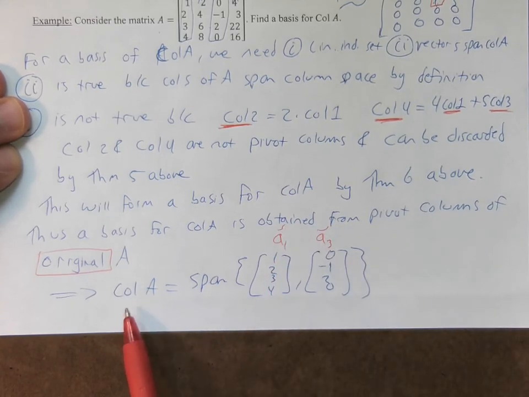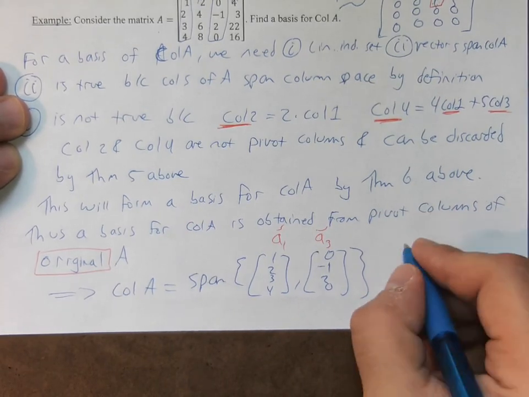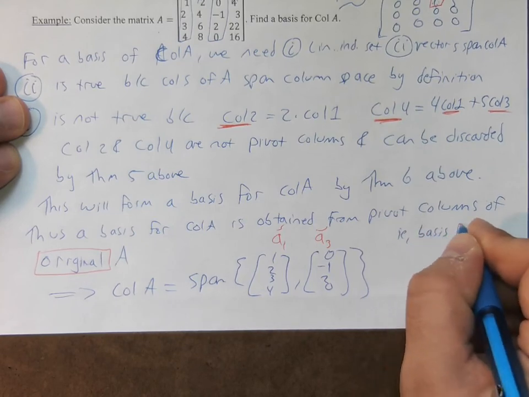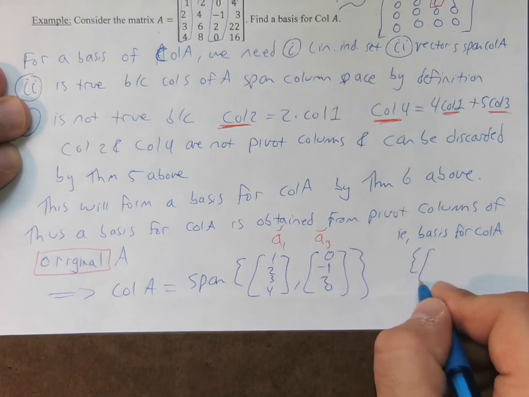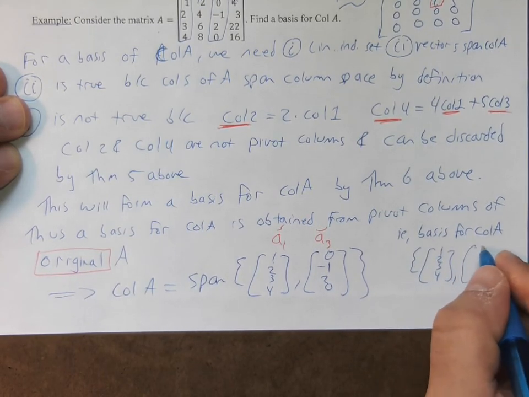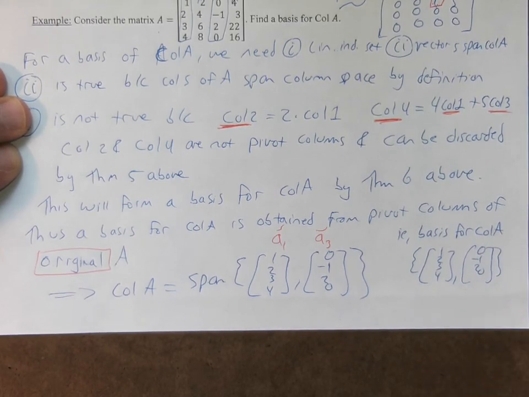So the column space equals the span of those, or the other way to say that is, a basis for the column space would just be those two vectors: 1, 2, 3, 4 and 0, minus 1, 2, 0. Depends on the phrasing of what you want. Both those things are true, though.